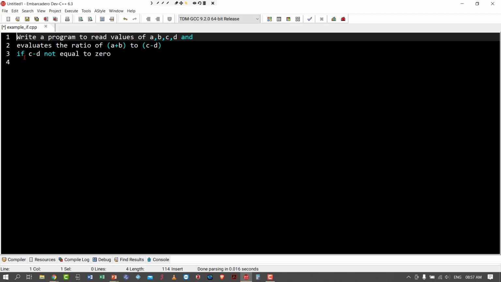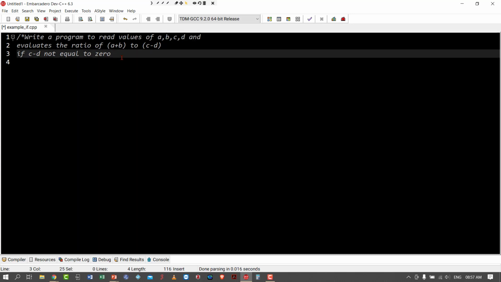Here the cursor is blinking, and that denotes the beginning of the comment. So at the beginning of the comment you just add a forward slash and a star, and at the end the comment ends with a star and a forward slash. In this way also we can do the documentation, or comment the lines.